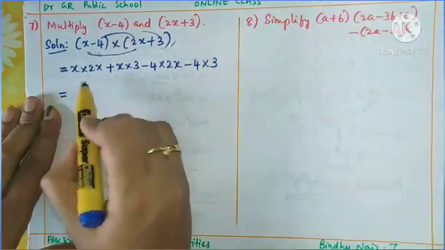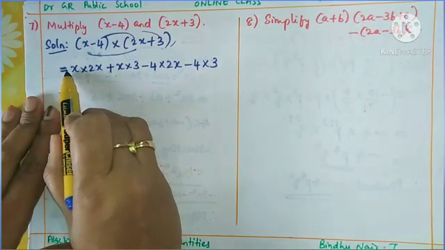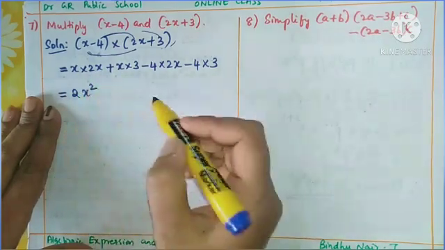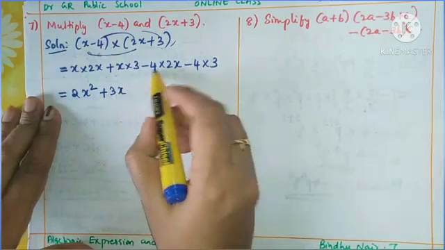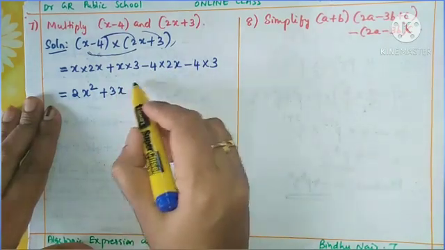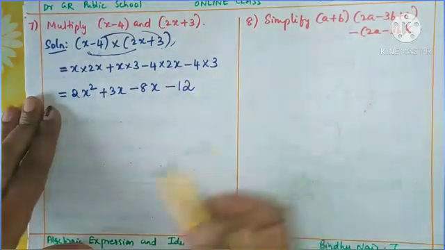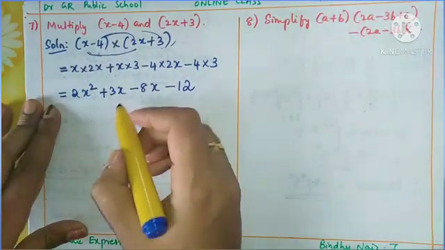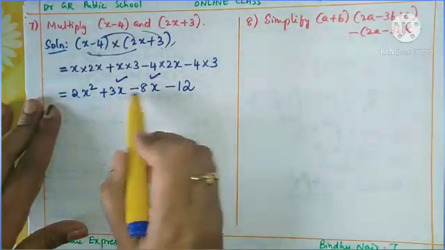Now we can simplify. What is x into 2x? First multiply the coefficients. Here 1 into 2. So 2 x into x, x square. Then here 3 into x, that is 3x. And here minus 4 into 2, that is minus 8x. And here minus 12. Okay, so we simplified here. Now you see, we can collect these like terms, 3x minus 8x. We can combine.